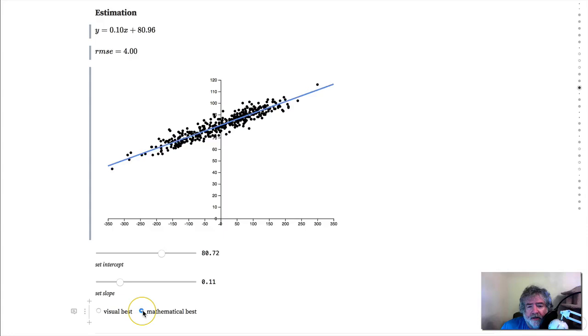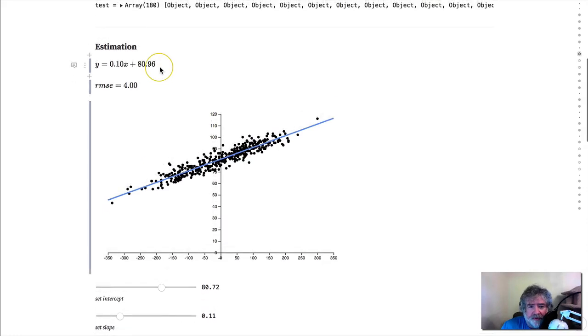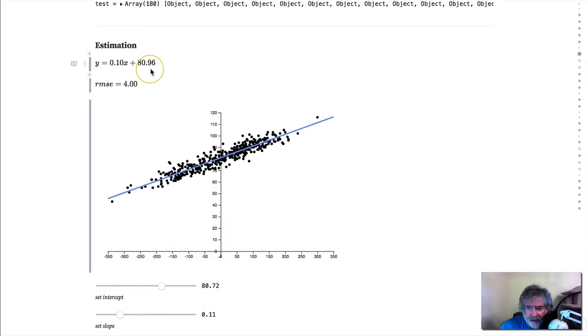So if we click here, it gives you the equation of the absolute best fitting line. You're seeing it there, and you're seeing the root mean squared error, which is 4. This is kind of interesting because Major League teams play 162 games, so this is about 81 games.